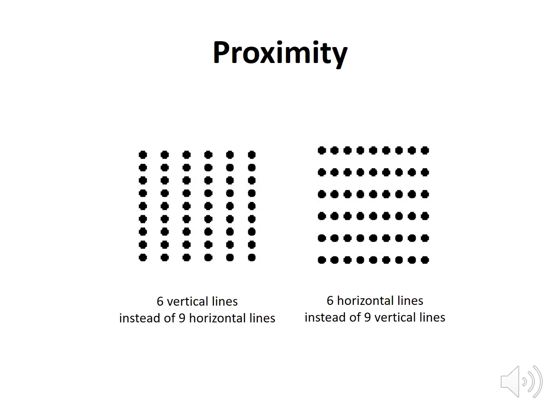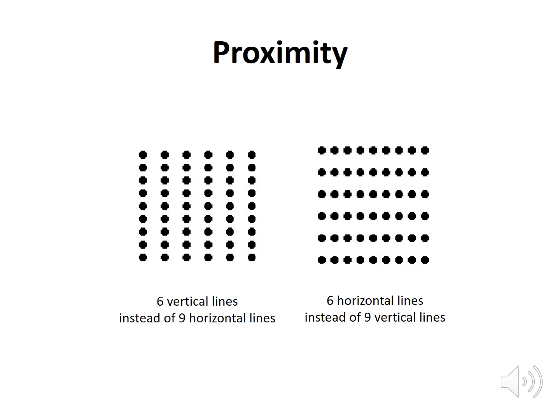So the first Gestalt principle is proximity. The idea of proximity is very simple. You have on the left 6 vertical lines, and on the right you have 6 horizontal lines. Why now don't you have 9 horizontal lines on the left and 9 vertical lines on the right?